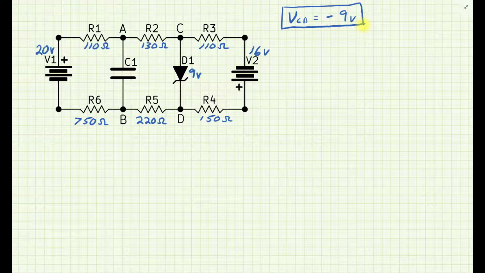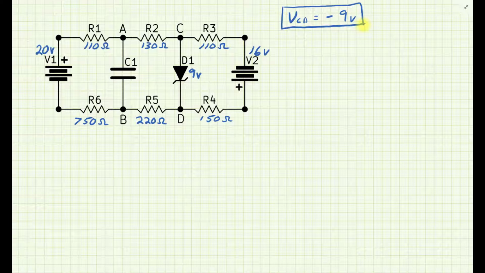That means the current will be flowing, electron flow, from C to D. So when we find that number, it'll be minus, or opposite of what we may have initially thought. So I know that voltage.